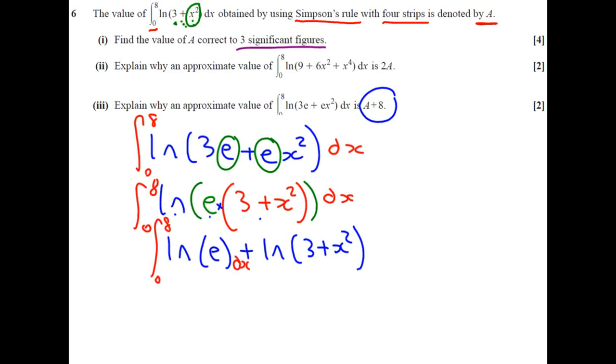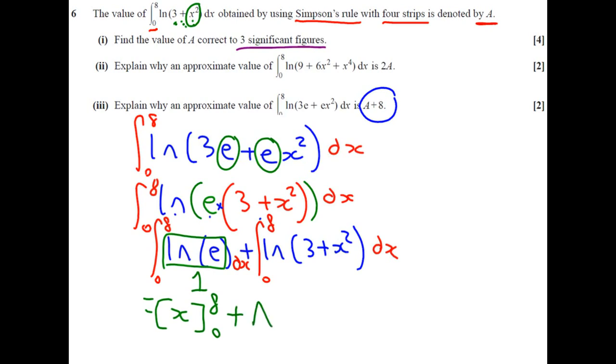Integrate that, integrate that. Now the integral of ln of e, they're inverses, so they're just going to cancel down to 1. And when you integrate that, going between the limits 8 and 0 for x, it's going to give you a plus 8.